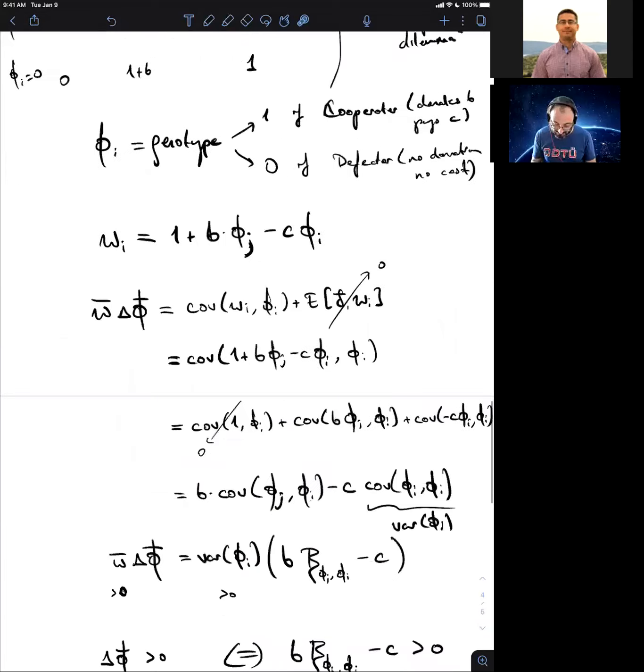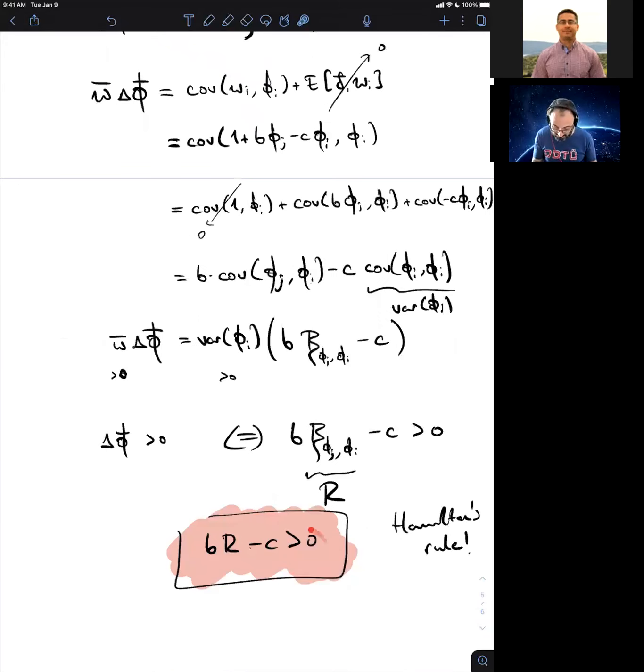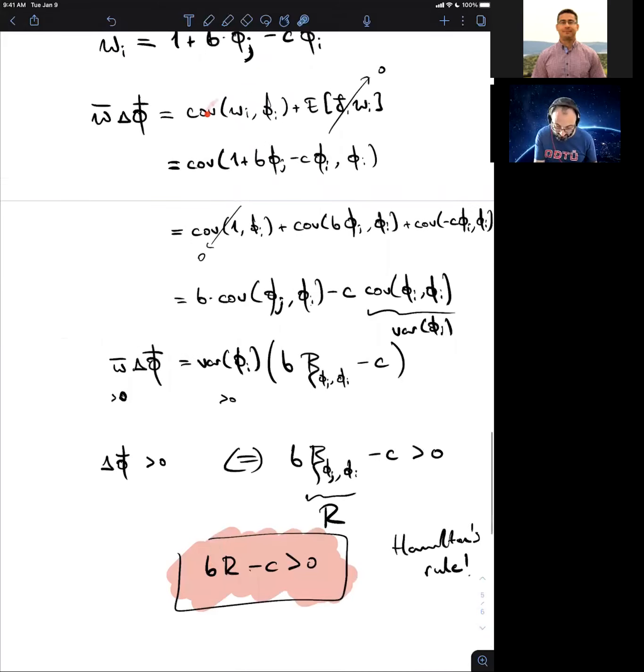If this quantity, BR minus C, is positive, then this covariance is positive. If it's negative, then the covariance is negative. And remember, phi is 0 if you don't donate, and 1 if you do donate. So if the covariance is positive, that means that the donators or the cooperators have higher fitness than defectors.